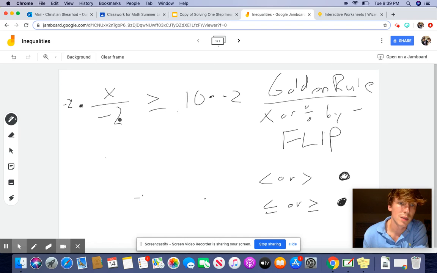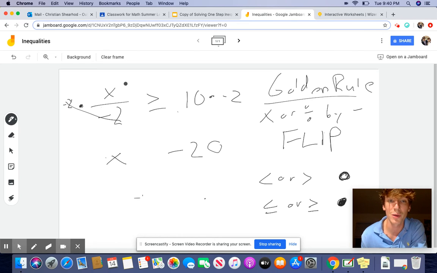-2 and -2, they're the same, they cross out. This will become 1x or just x. 10 times -2 is going to become what? -20. Now this sign right here, y'all probably already know there's something up, right? We just multiplied or divided by a negative number, so we need to flip, okay?